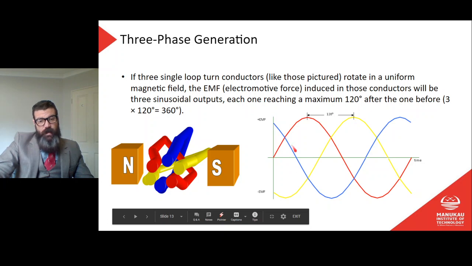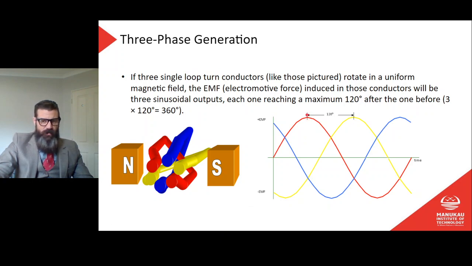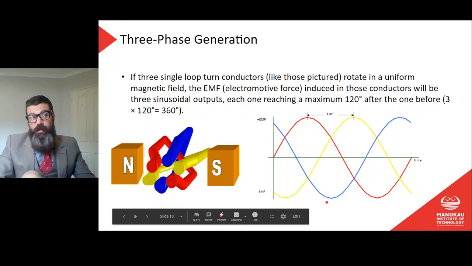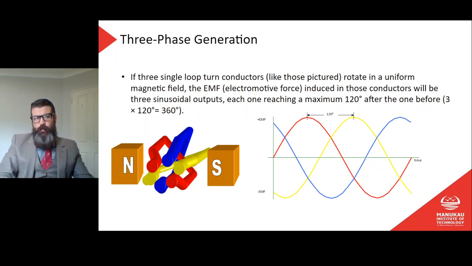As it starts to come back towards 0, the blue is coming into its negative side and the red is continuing upwards. So again, as we see that peak there of the red phase, the other two are equal and opposite. So we always have essentially the same value above the line as below the line, which is why we don't need a neutral, because in any case, the combined voltage of all three of them is 0.